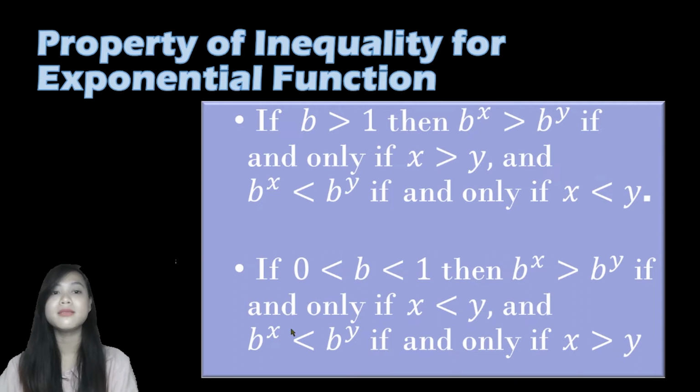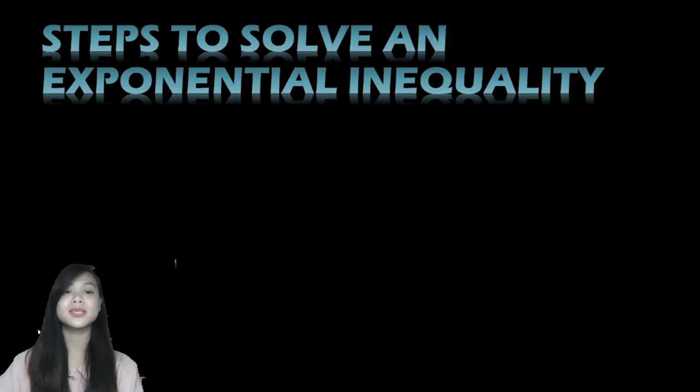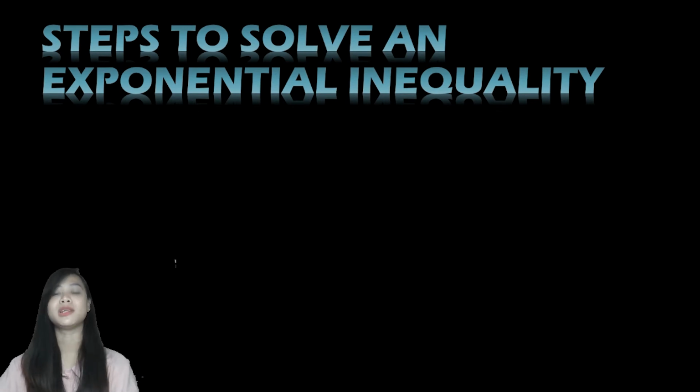And b raised to x is less than b raised to y if and only if x is greater than y. So if your base is between 0 and 1, you need to interchange the inequality symbol.